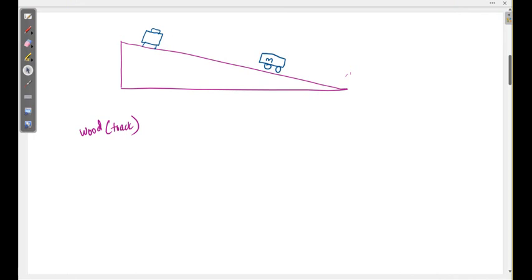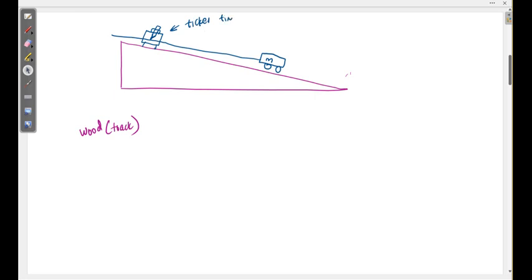Now inside that machine there is a needle. Let me show the needle in this way, this is the needle there. And then we're going to have a tape that is going to run like this, and then it's going to be connected to the trolley. So this is what we call a ticker timer.